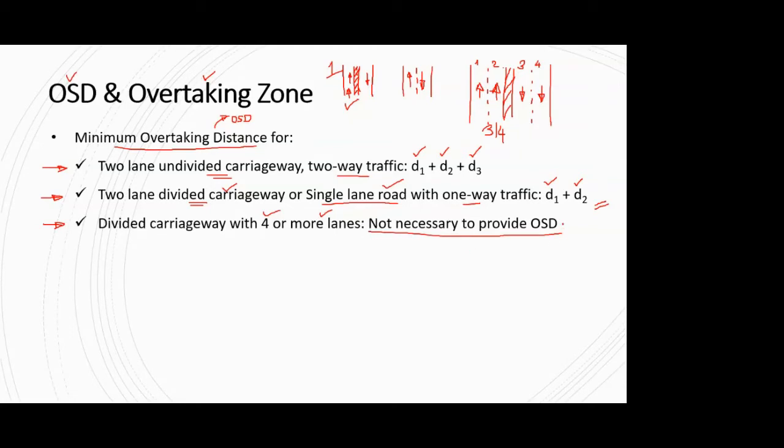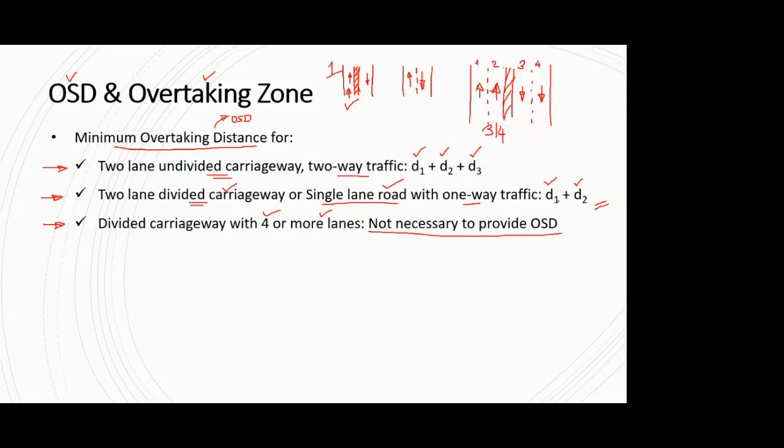So maybe this type of question may be asked in your competitive exams or GATE as well, that they might give you all the values of design speed and overtaken vehicle and all those things, but at the end they might give you that it's a 4-lane or a multi-lane highway. So in that case, it's not really necessary to find out that OSD. But if in options, if you have all 4 options as values, then you can find it.